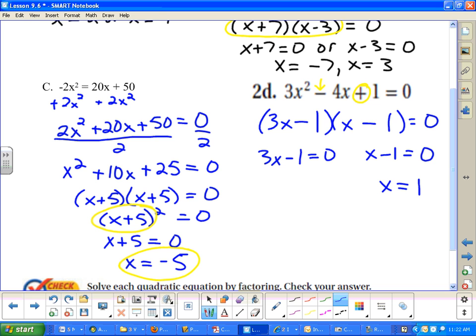Is this one equal to 1 also? No, it's not, because we have a 3x here, not just x. So we have to add 1 and then divide by 3. So we get 1/3 or 1.